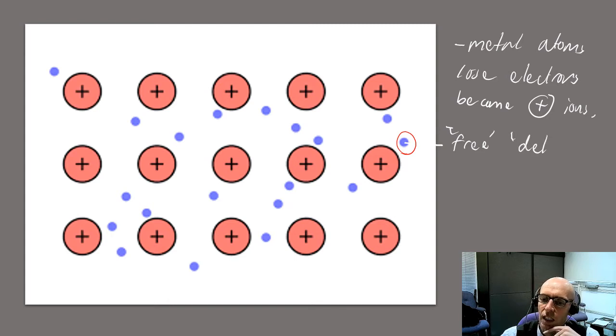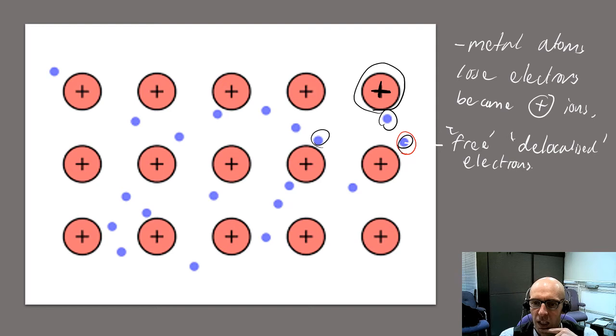They are delocalized electrons. So there are free delocalized electrons. So that describes what's happening. Here is an atom, like the ones we were saying, that loses the electrons on the outside shell and becomes positive. And here are some delocalized electrons that are just floating around.